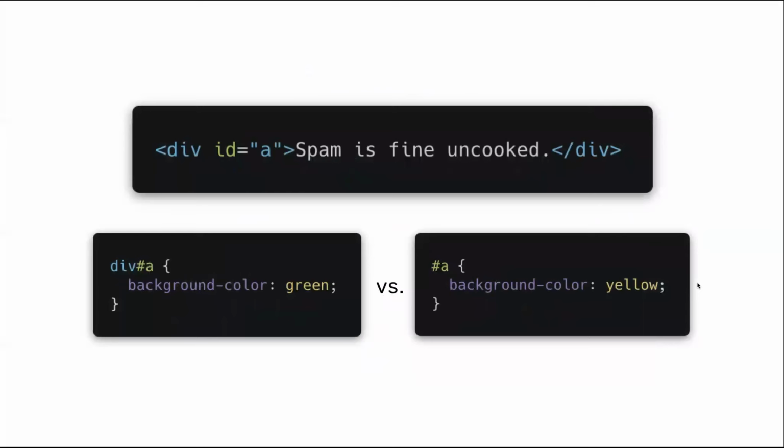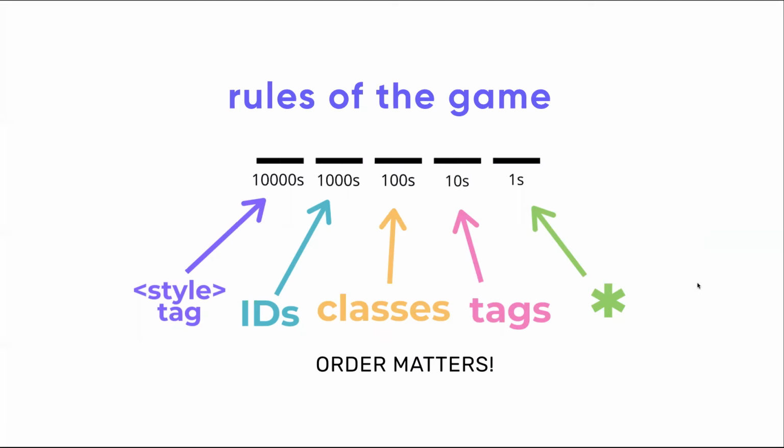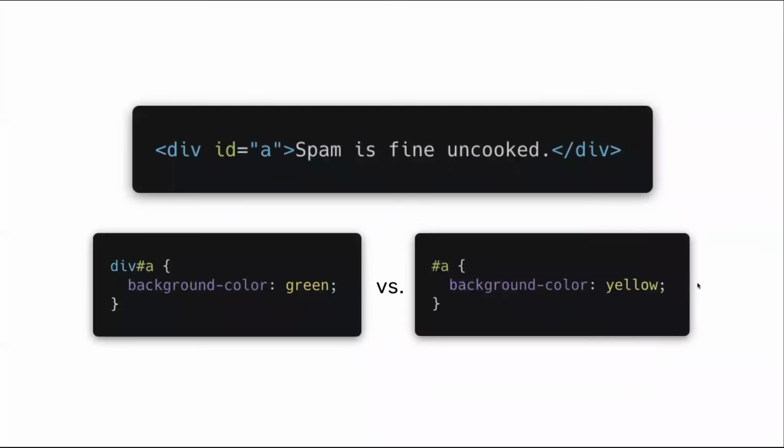And then on the right-hand side, we have a selector that only specifies an ID, and the ID holds 1,000. So on the left-hand side we have 1,010, and on the right-hand side we have 1,000. Although it's only a difference of 10, the left-hand side will still win out because it is 10 greater than the right-hand side.